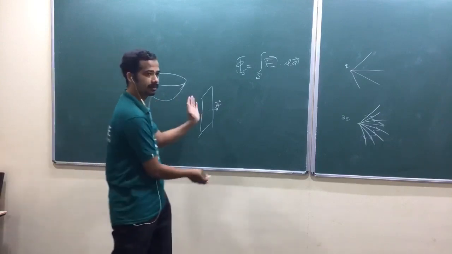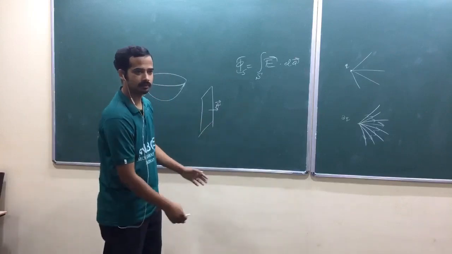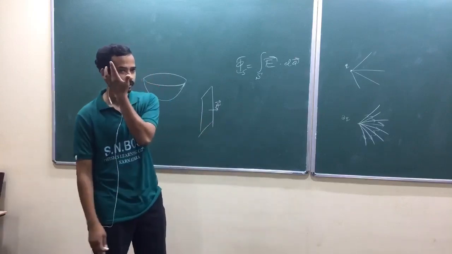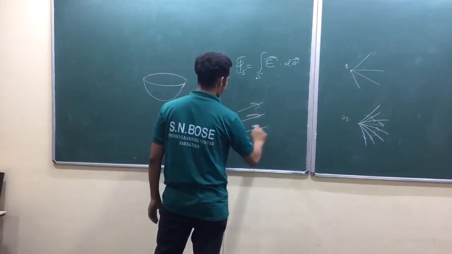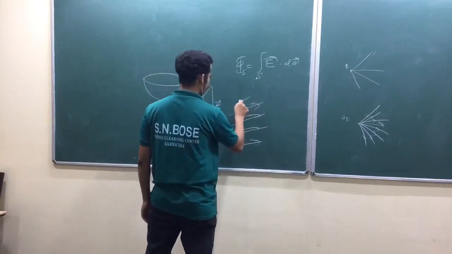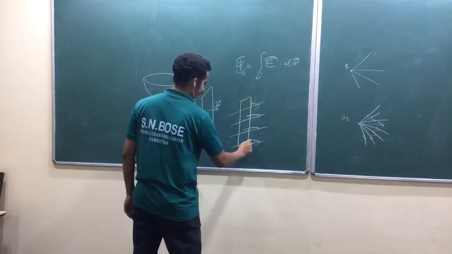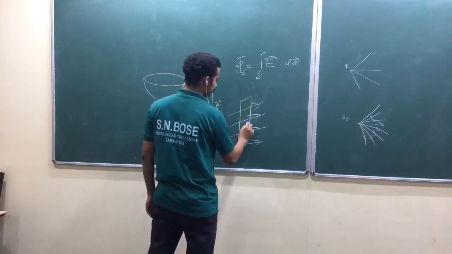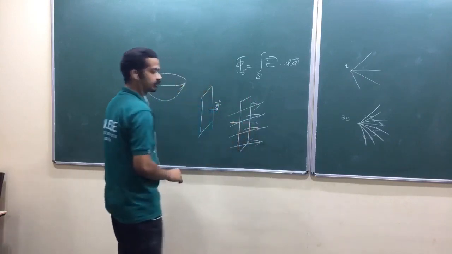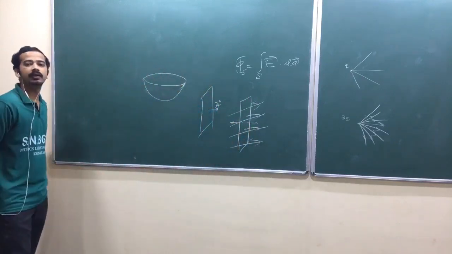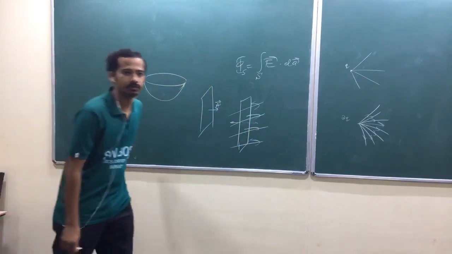I mean, if it is not along the field, then what will you choose? Are you getting my point? I have a vector field here, a uniform vector field. Let me take that idea. I have a planar area here. Now I've got two choices. One is this direction, the other is this direction. Am I right? I've got two choices of defining the area vector. Which one are you going to choose?